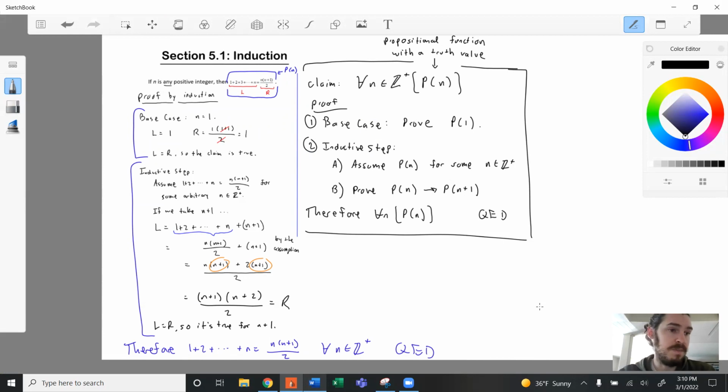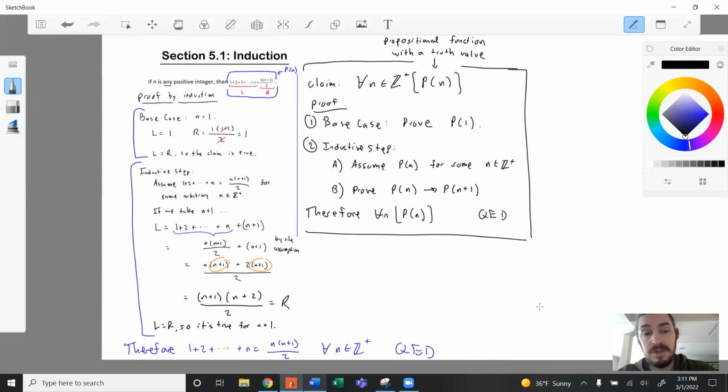Sometimes you'll be proving something about qualities of a set, and so on. Sometimes you'll be proving an inequality about functions of n, like you could prove by induction that n squared is less than 2 to the power n after a certain point.